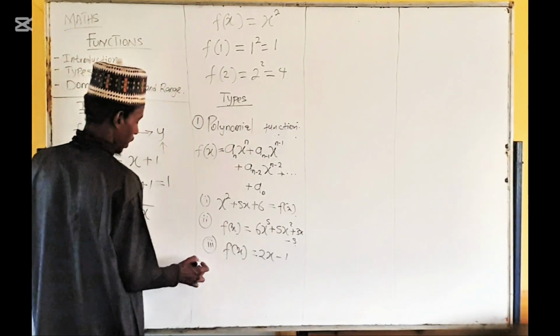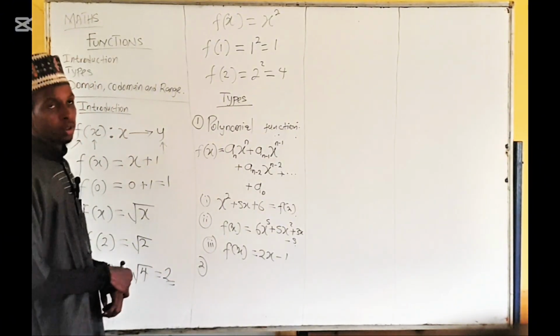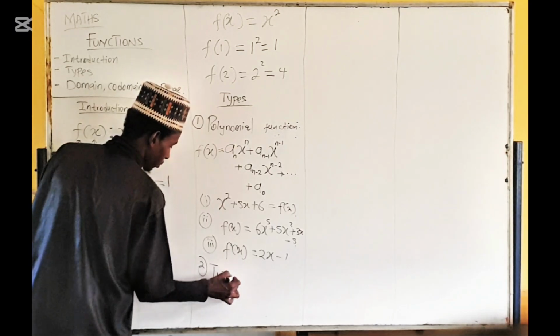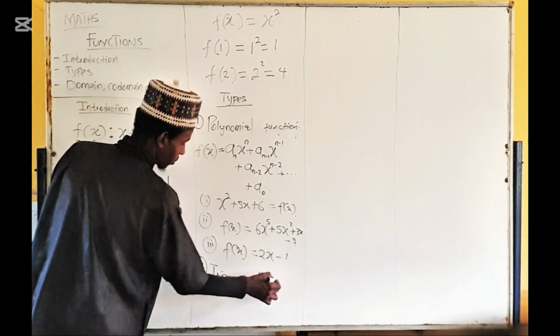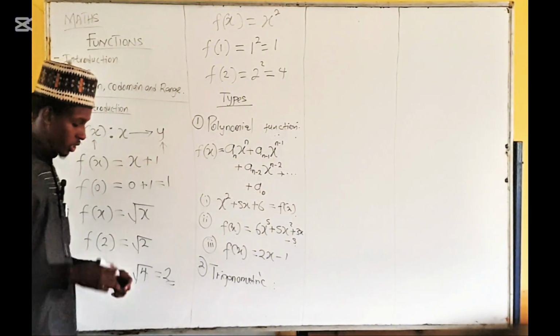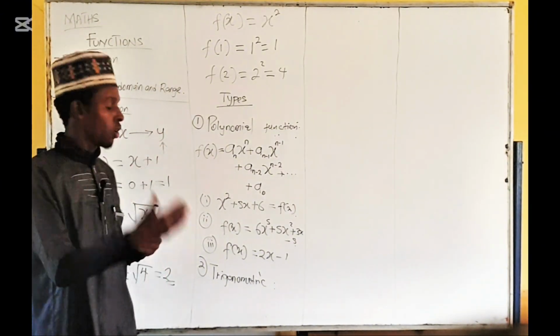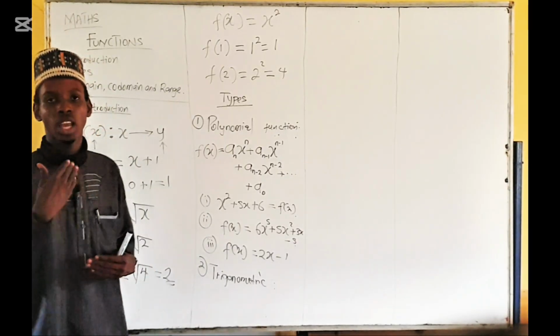Now, the second type of function we have is the trigonometric function. The trigonometric functions are those functions which are periodic. They always change with the same factor or the same angle.